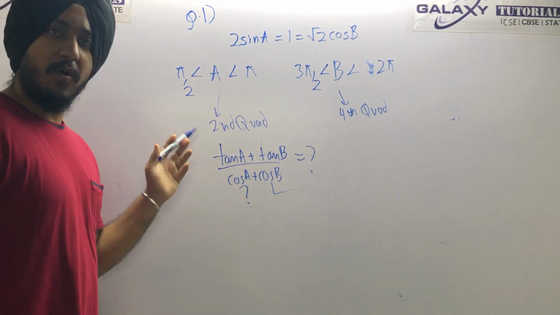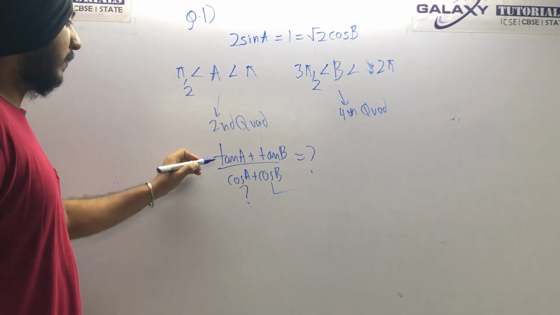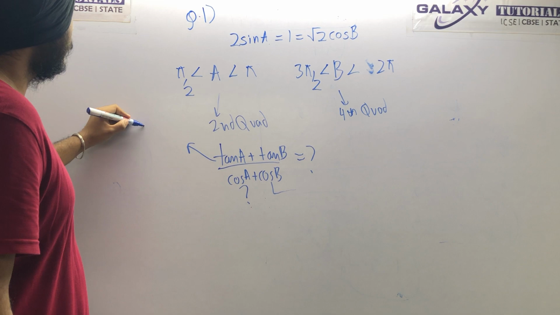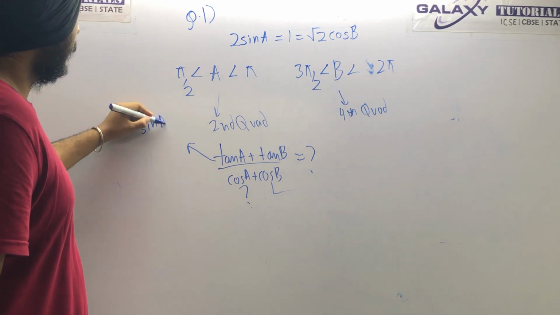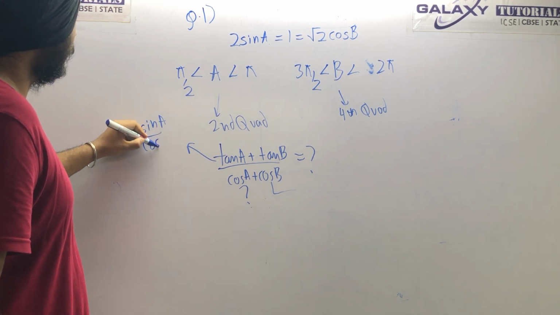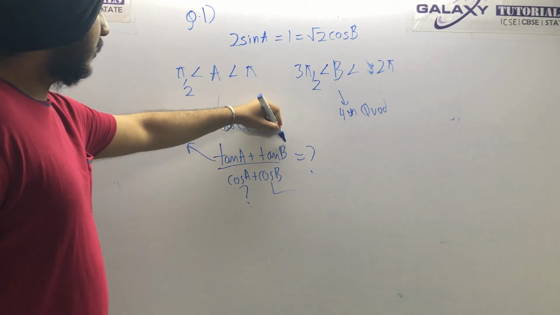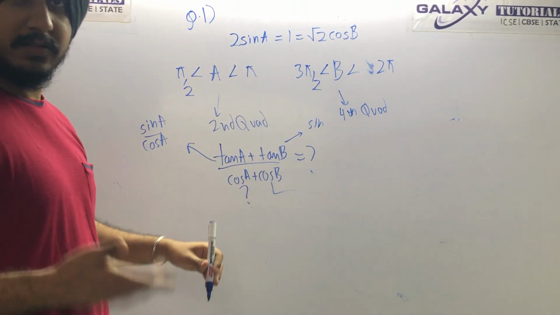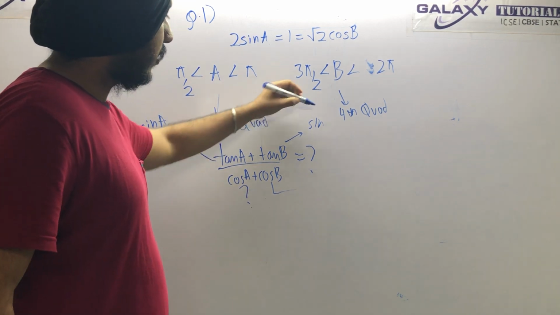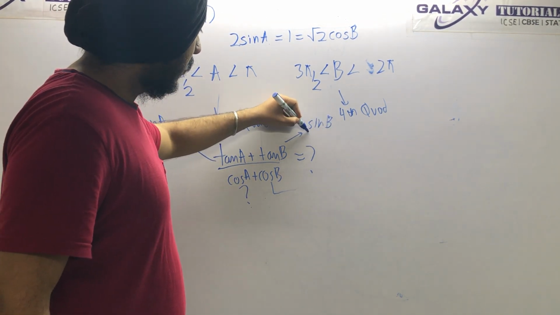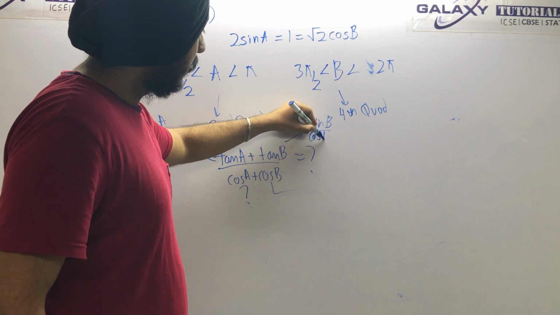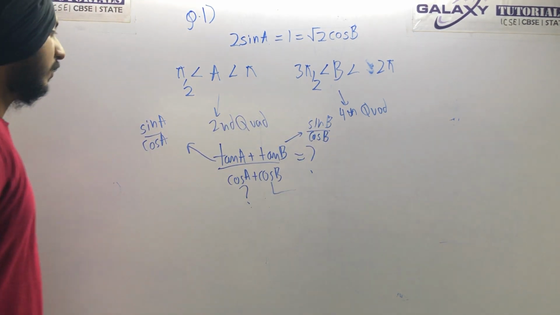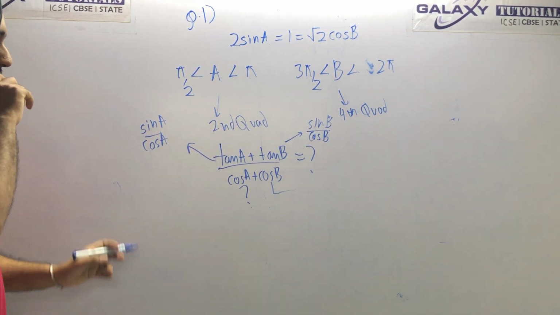They have not given us the values of tan a, tan b, but you can write tan a in the form of sin a upon cos a. Yes. Okay. And tan b you can write in this form, because we have to make the best use of what is given to us. So we will convert it into sin b upon cos b. Okay, so now this is a simplified form.